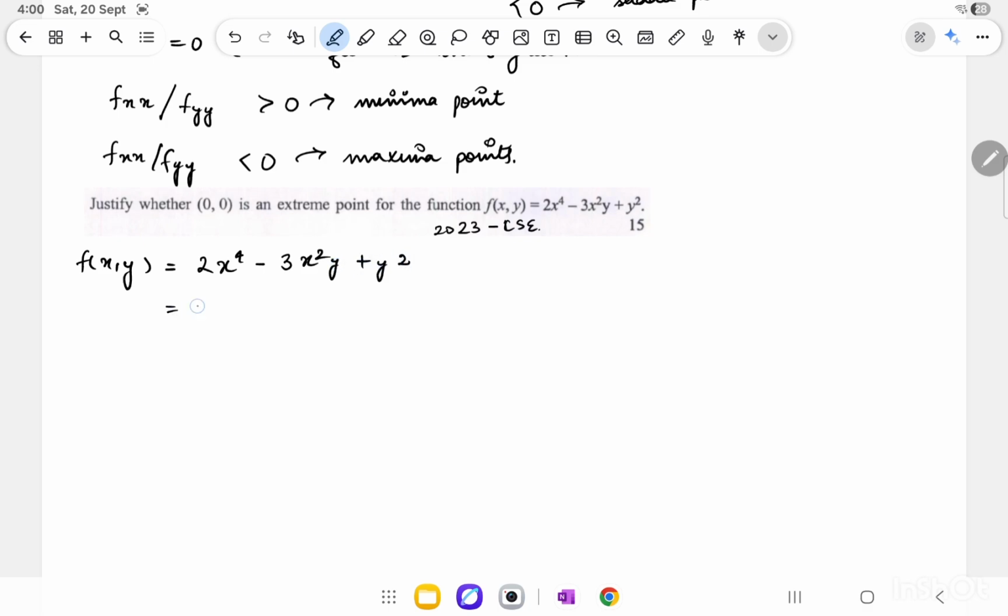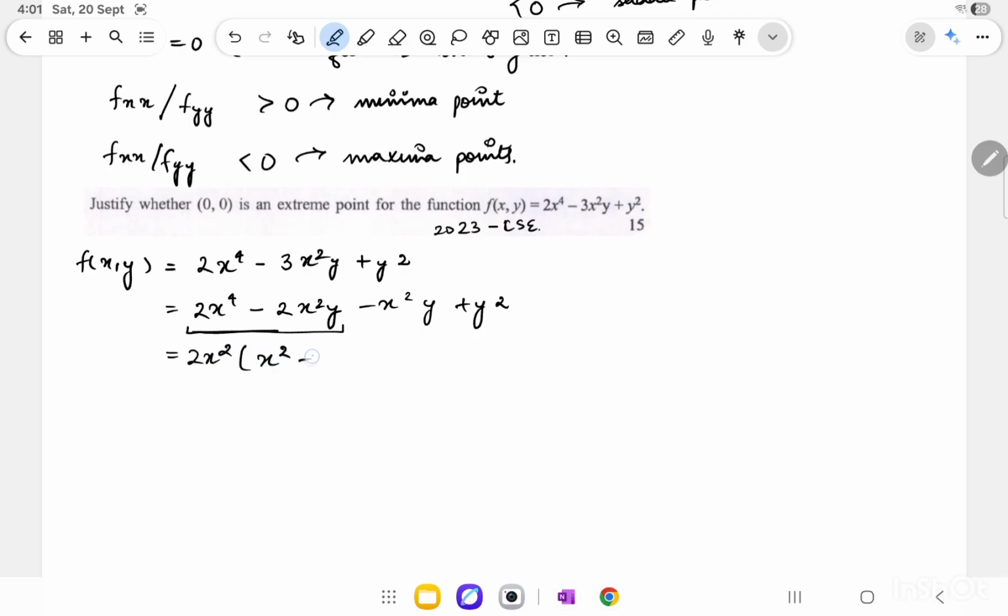So I can write it as 2x^4 minus 2x^2 y minus x^2 y plus y^2.